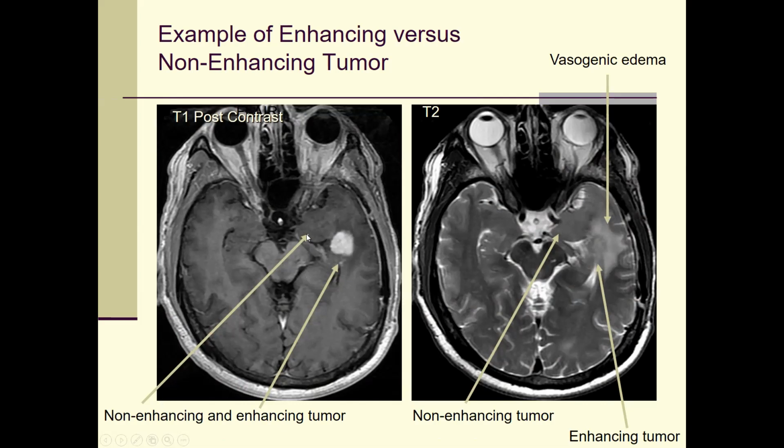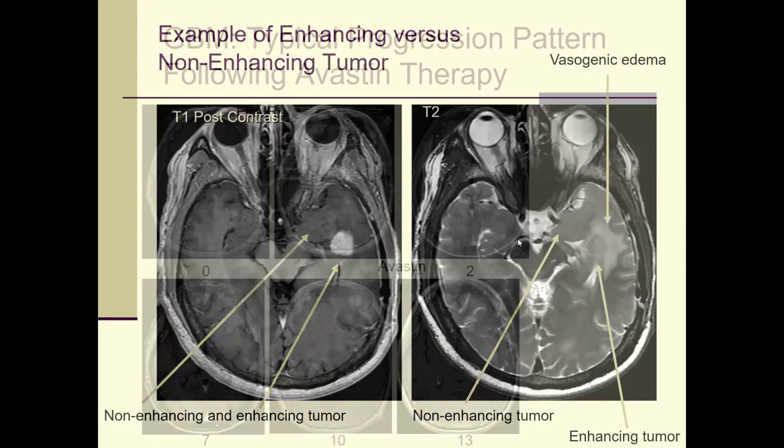The non-enhancing component does not have much of the edema. The enhancing tumor causes more edema, but the entire structural change is this big, not only here. So it's always important to pay attention to the non-enhancing component of the tumor as well.